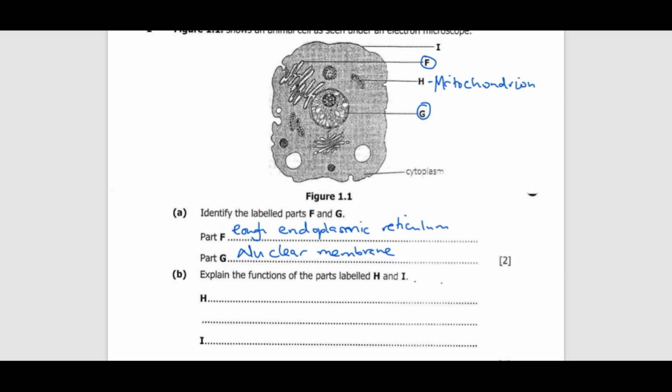And then I, this is the outer part of the cell, which is the cell membrane, because this is an animal cell. Now let us look at the functions of each.